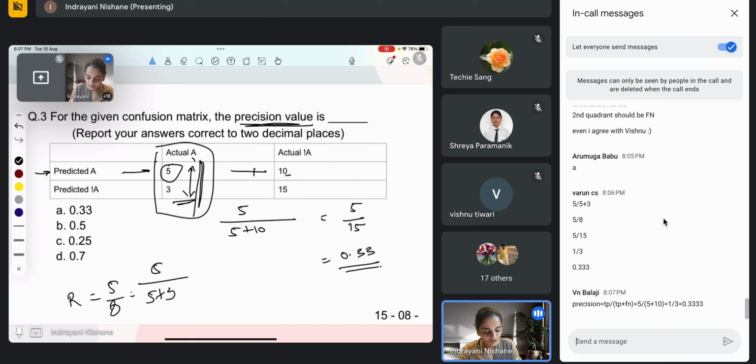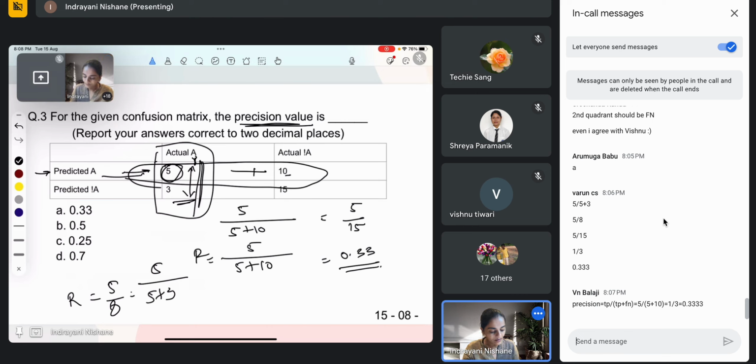The number of positive predictions is given by this row here, 5 plus 10, which is 15. Out of these 15, how many are correctly classified? Actual A and predicted A are just 5. So 5 divided by 5 plus 10 is the precision value, right?